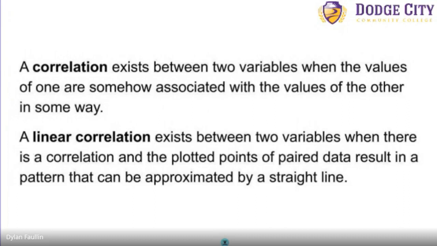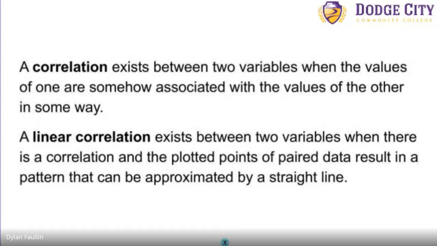Now, in the real world, we don't generally get perfectly straight lines with our data sets. So we're going to have to be a little bit flexible on what we accept as a general linear relationship. The points should trend along a band of some kind.